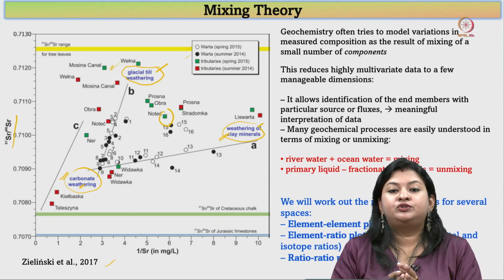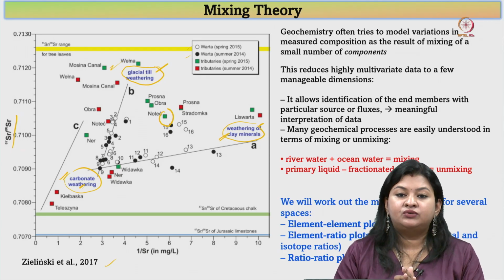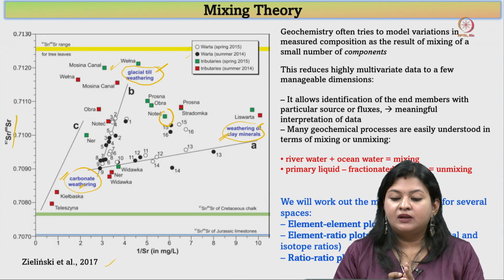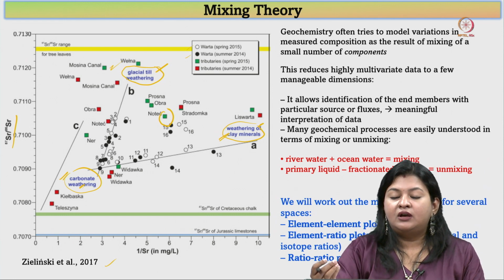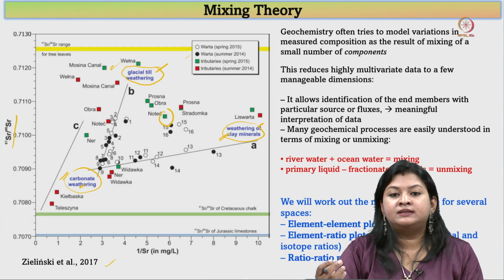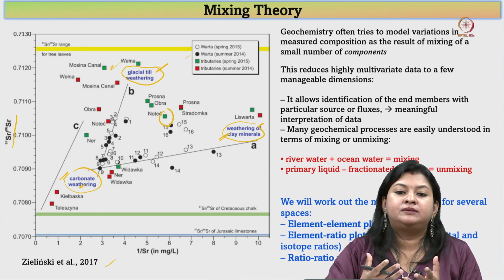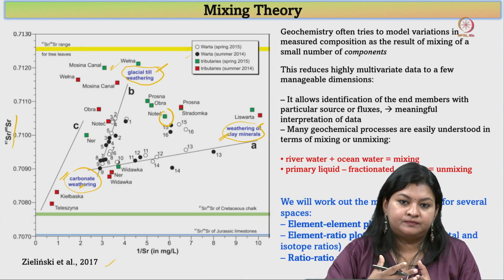So, isotope geochemistry is extremely useful in separating these different types of minerals, rocks, water, everything. It allows us more identification of end members, and a lot of interpretation depends on such understanding.